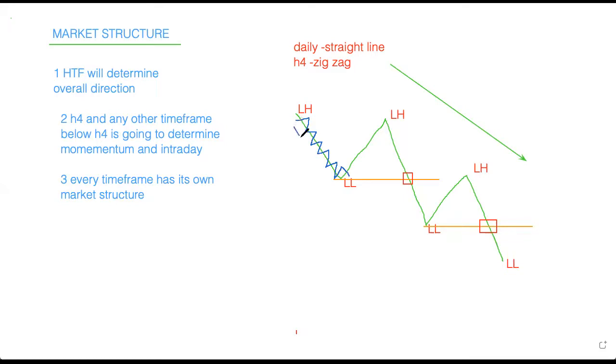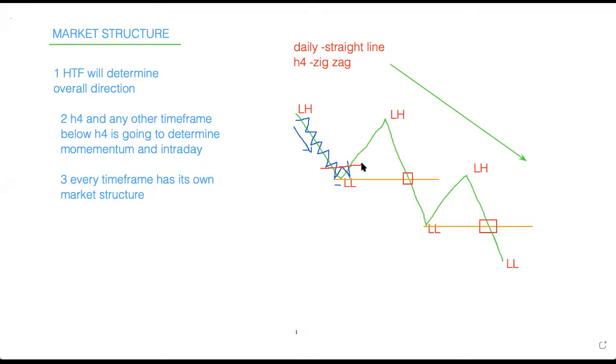So at some point, your H4 is in a downtrend. And at some point, just because we've created a lower low in a smaller time frame, we have to do what we call break of structure, somewhere around this point.